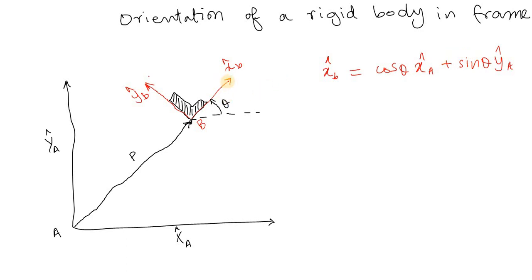So what we are doing is just converting the coordinates of your body fixed frame into your reference frame, which is the frame A. If you find the perpendicular and base, you can easily get this equation.